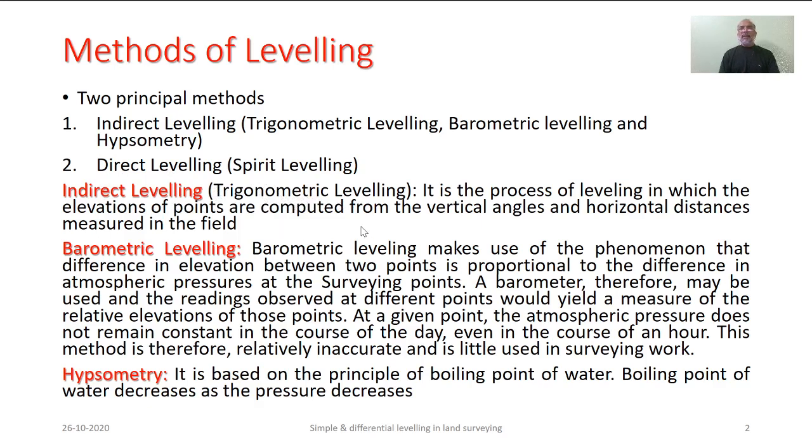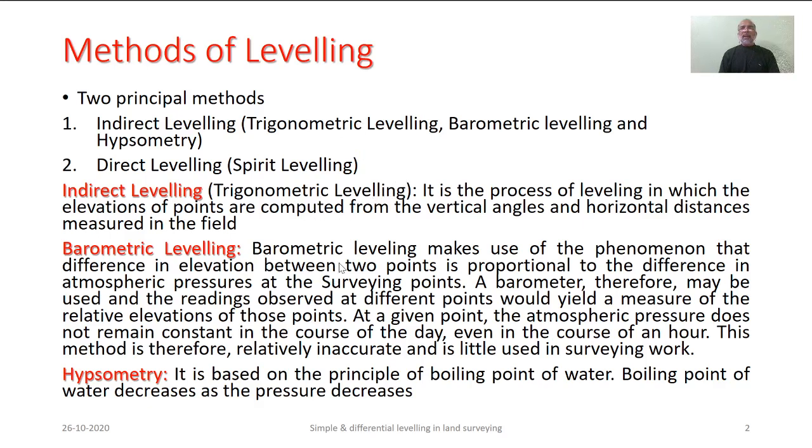The equipment used during the land surveying operation helps us record the vertical angles as well as the horizontal distances. By making use of these angular dimensions and horizontal distances, one can calculate the reduced level. Hence, it is termed trigonometrical leveling.